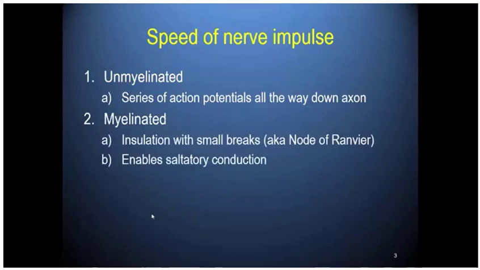Now, myelinated axons actually move more quickly. And the reason why is because it doesn't need to have an action potential sequentially right next to each other in a series, right?